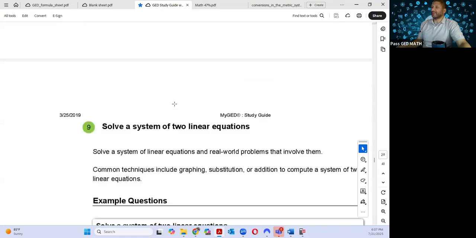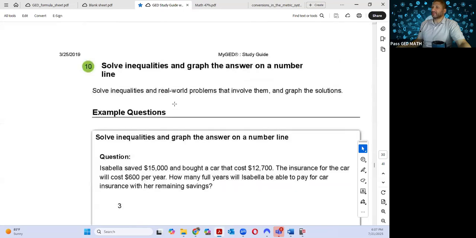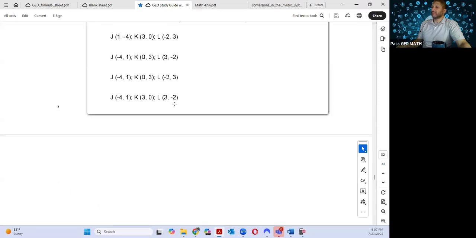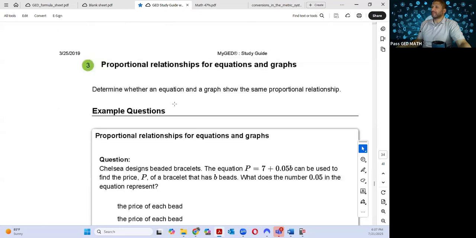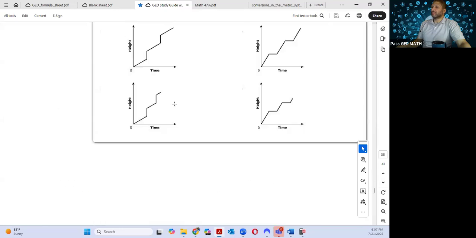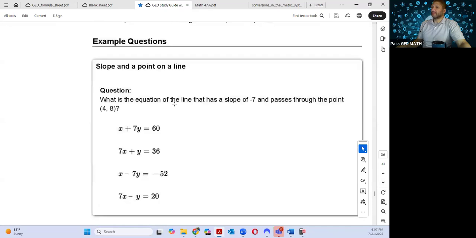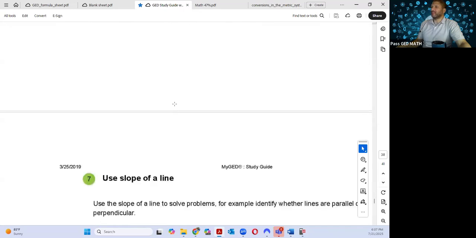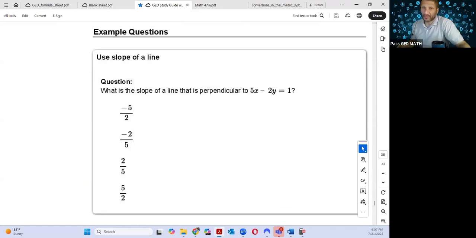Okay, the first thing I'm going to ask you is, is this a perpendicular line?